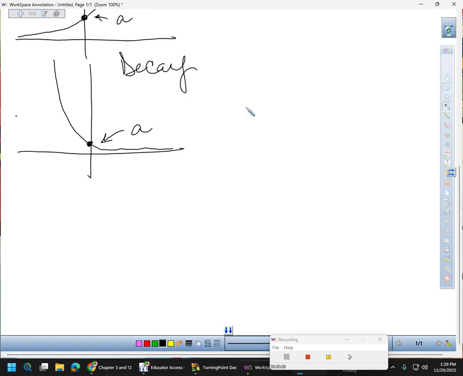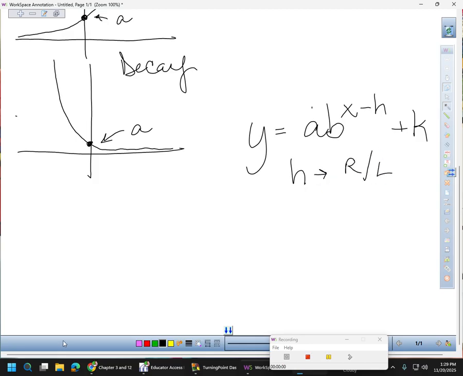If y equals ab to the x is my parent function, if I have x minus h in the exponent and plus k at the end, the h tells me whether I am going right or left. The k tells me whether I'm going up or down. And the A on the front is a stretch or compress.